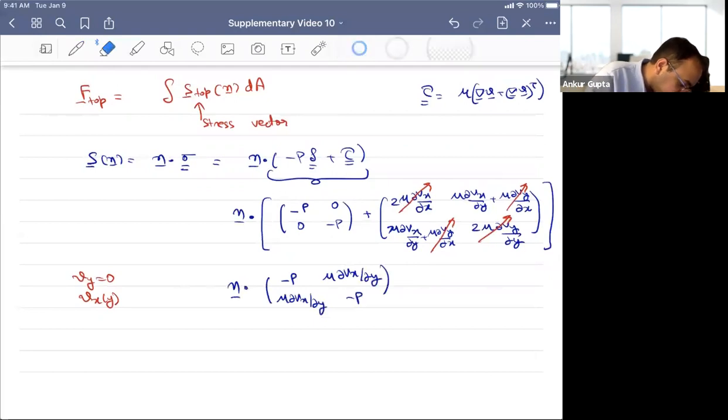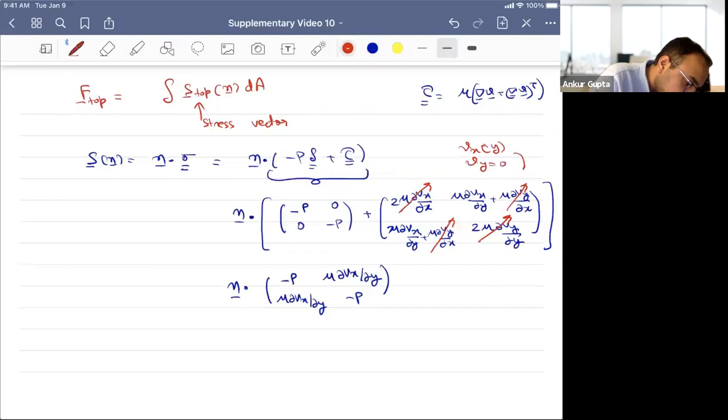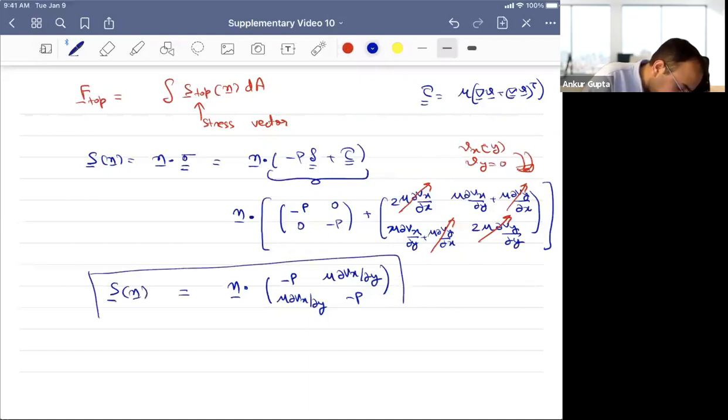So similarly, we'll just move this here. vx is a function of y, and vy is 0, which is used to cancel out these terms. Okay, so this will be our stress vector for all the surfaces. Depending on what surface we apply, what n dot we apply, this is what will happen.